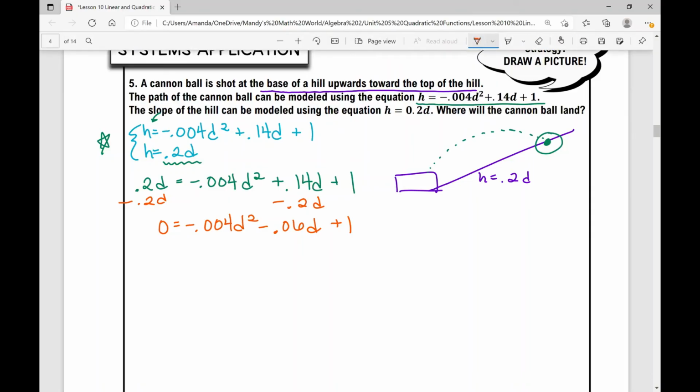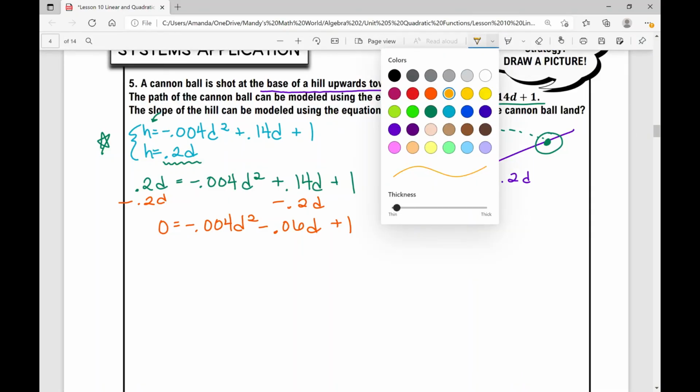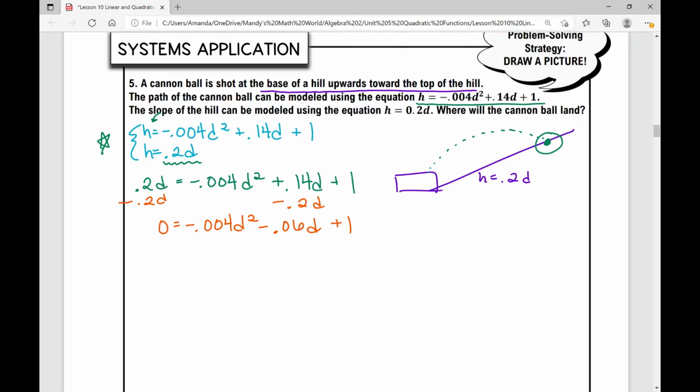In this situation, I've got some decimals here, and I don't really like working with decimals. I would rather be working with integers, those positive or negative whole numbers. How can I do that? I can multiply this entire equation by what would get rid of the smallest decimal, negative 4 thousandths, which is negative 4 over 1,000.